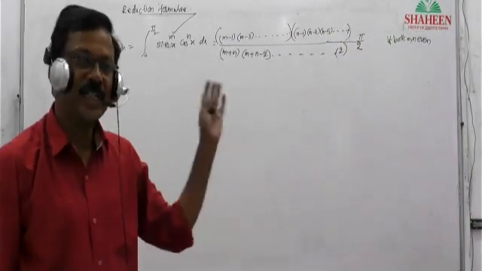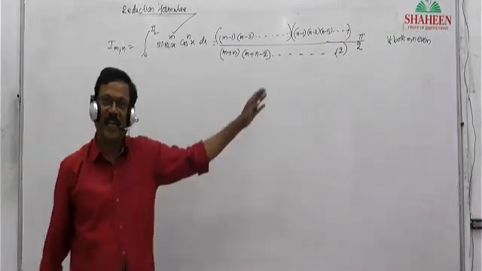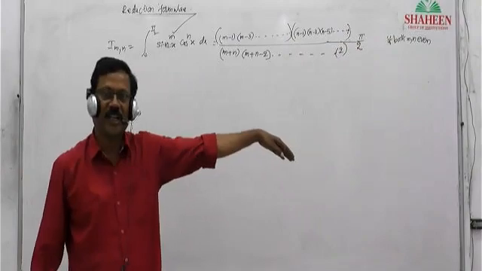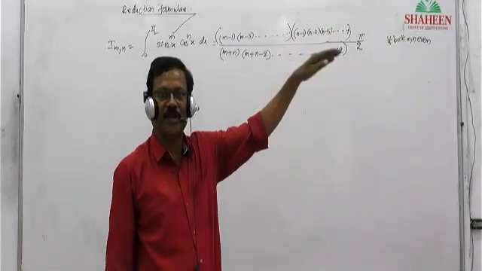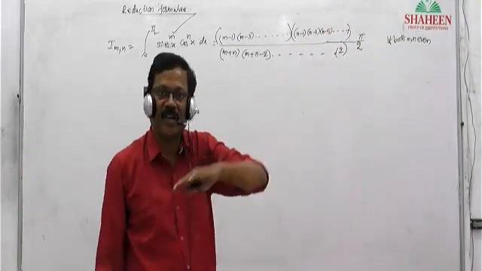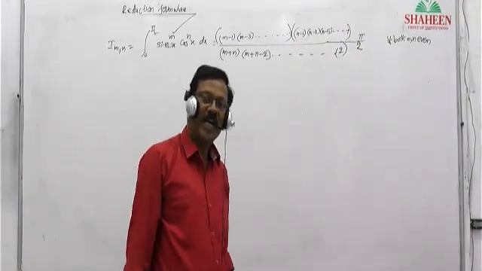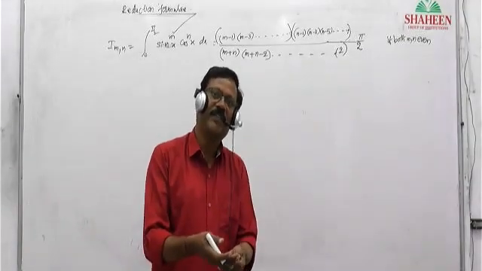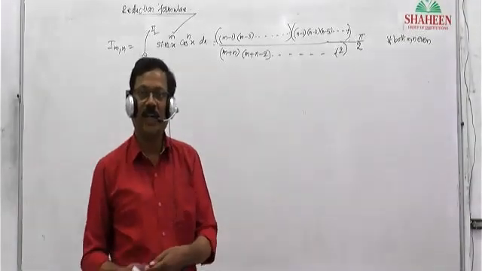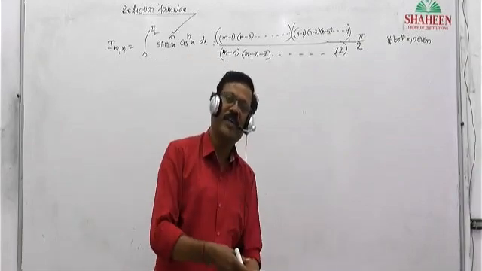In the last expansion also, in sine power n and cos power n, we did like that. When 1 by 2 is coming, we write pi by 2. When 1 by 2 is not coming, we do not write pi by 2. And I also explained, 1 by 2 comes when the degree is even, and 1 by 2 does not come when the degree is odd.